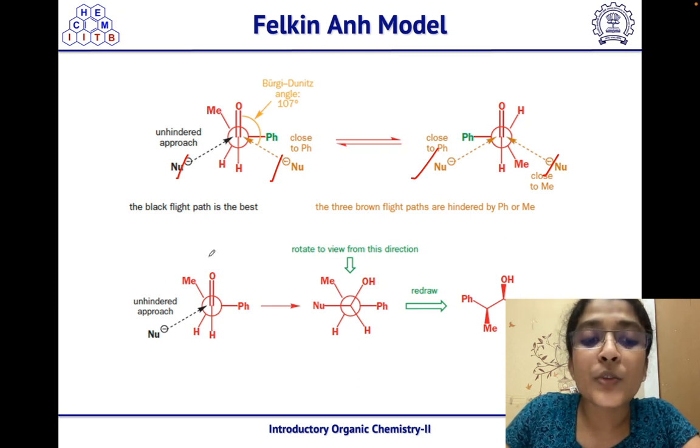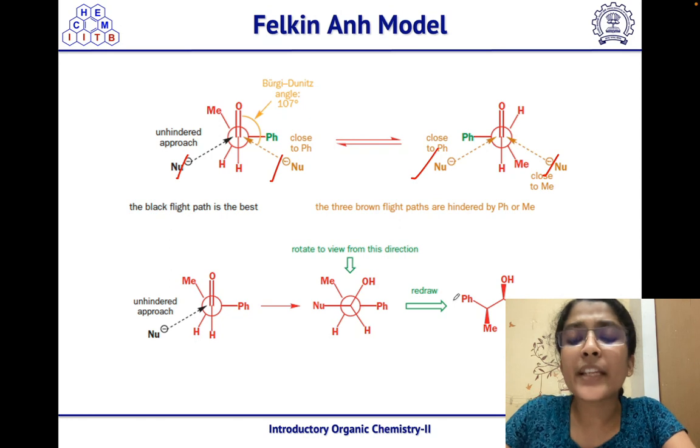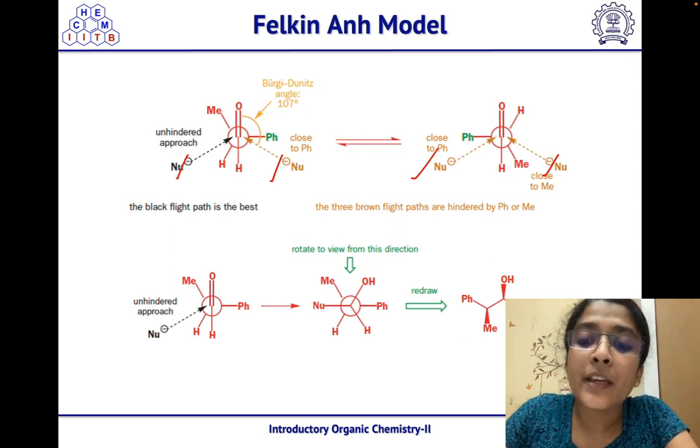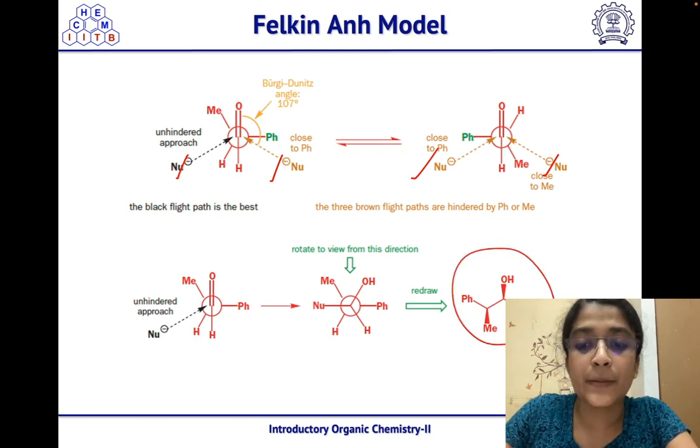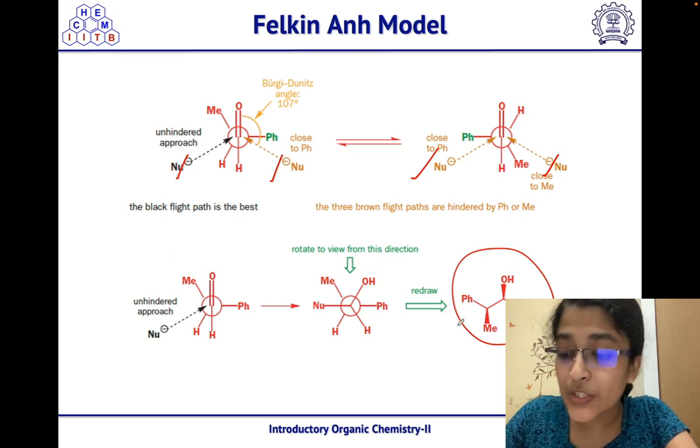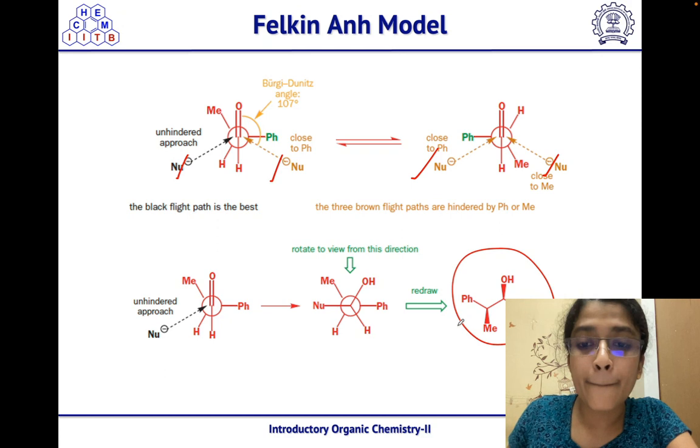So this will give the major product. Attack will take place from this unhindered side, and it will give this product. When we redraw it, it can be drawn in this fashion. This we have already seen in question number 5 and 6.